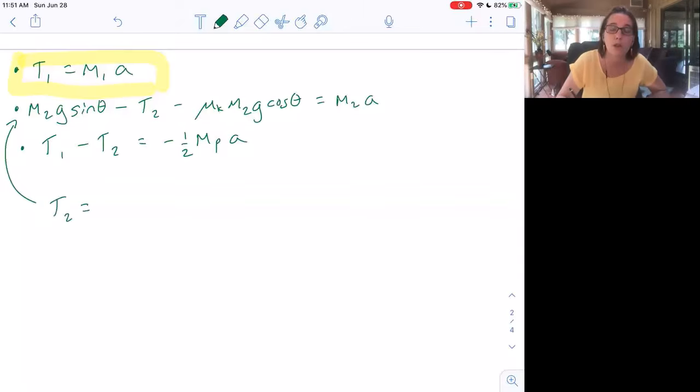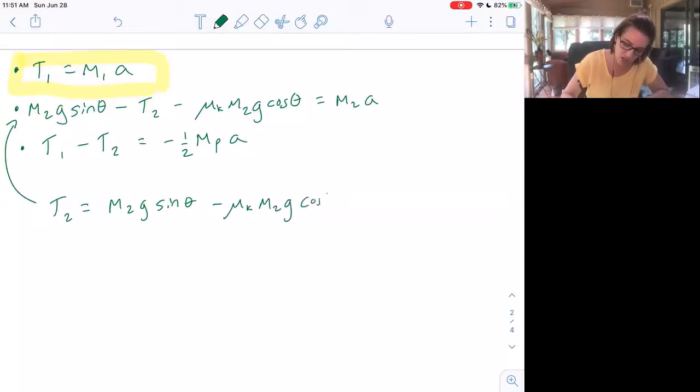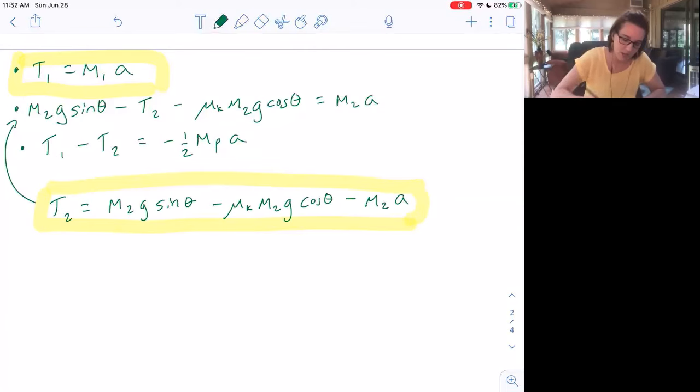So I'm going to move it over to that right-hand side and then move M2A over to the left-hand side. So T2 would equal M2G sine theta minus mu sub k M2G cosine theta, and then minus M2A. So now I have these two, and then they can be plugged into the pulley equation.